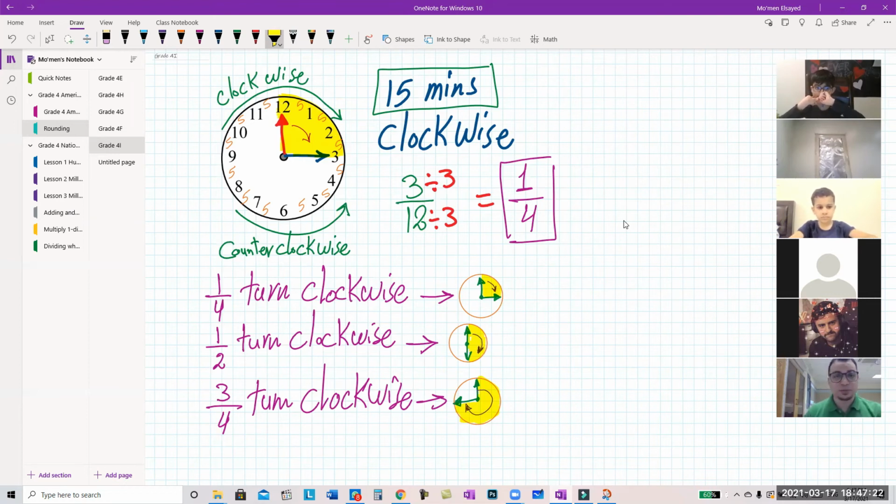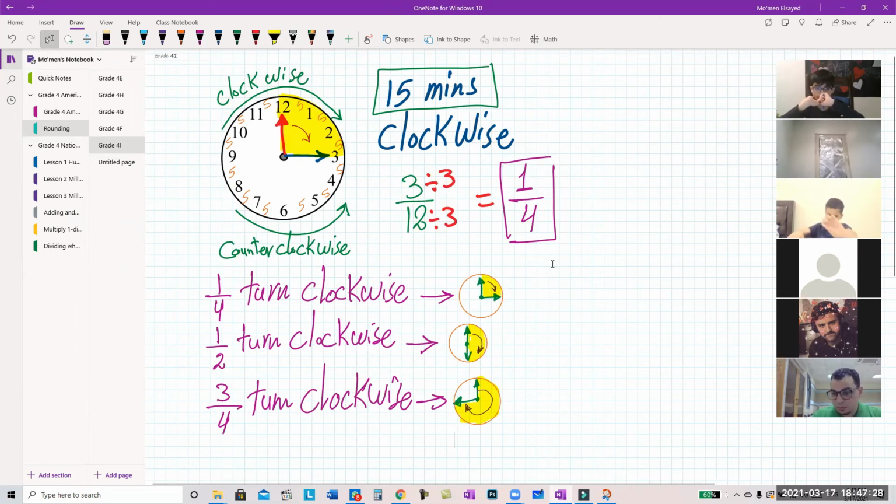Let me tell you another example, but we don't have enough time for this, so I will tell you another example with counterclockwise. Counterclockwise means the opposite direction of clockwise. So let me read this.